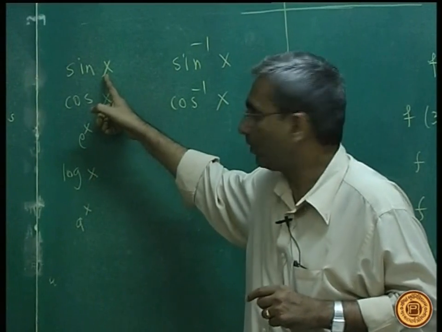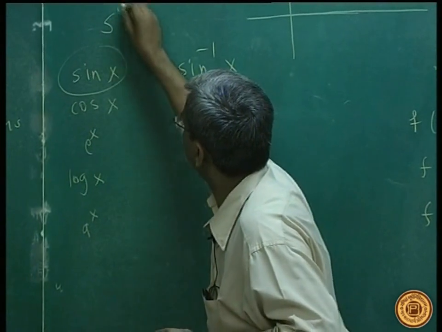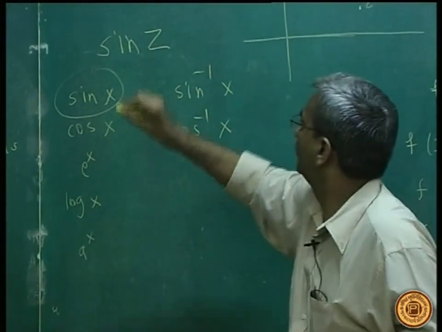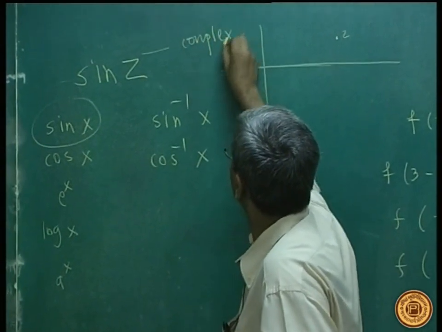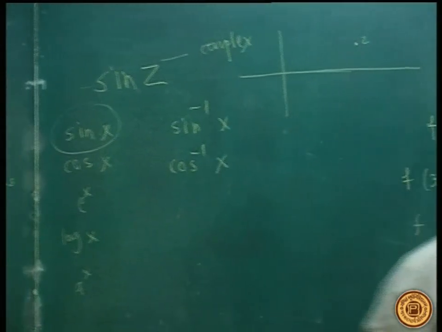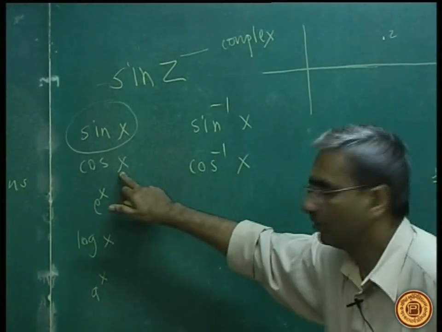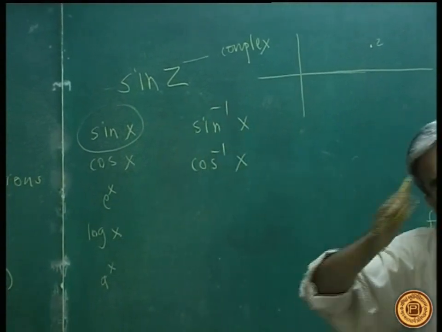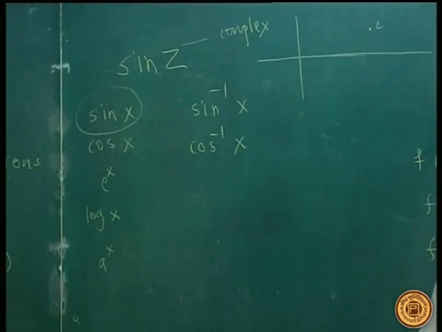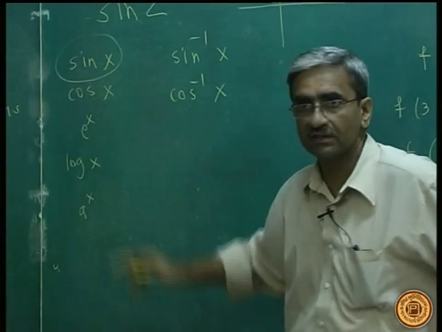That is, we want this replaced by sin z, where z is complex. So we want to learn this now. We'll replace this by what? Cos z. So we need to define these functions for a complex variable. Exponential of z, like exponential of x.